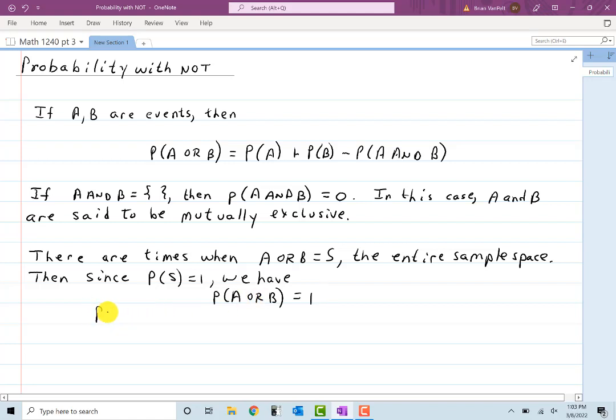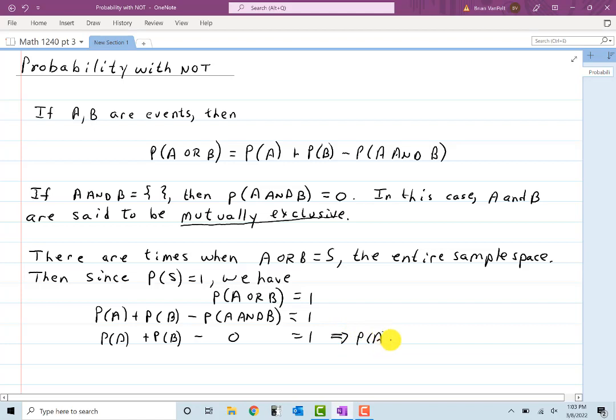Off to the left, then we have the probability of A plus the probability of B minus the probability of A and B equals 1. But if they're mutually exclusive, that's what I'm assuming for this portion of it, I get the probability of A plus the probability of B minus 0 equals 1. So we have the probability of A plus the probability of B equals 1.